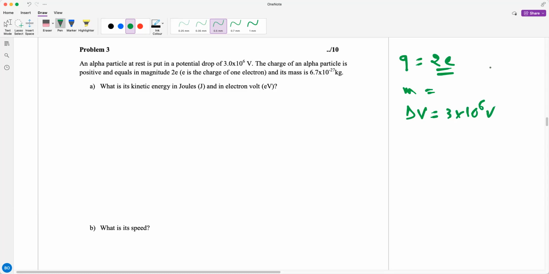We have to use the work energy theorem equation. Yes, exactly. The work energy theorem. Very good. So the work energy theorem, because remember the particle is at rest.